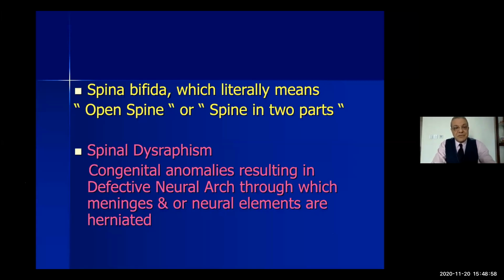So spinal dysraphism, by definition, is a group of congenital anomalies resulting in a defective neural arch through which meninges and or neural elements are herniated. So the secret word is herniation of the meninges and or the spinal cord outside, to be a pouch outside the defect of the spine.